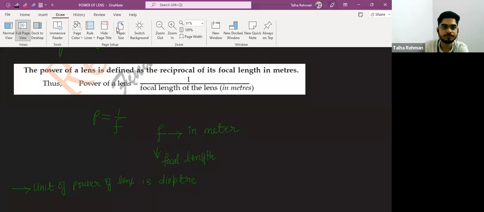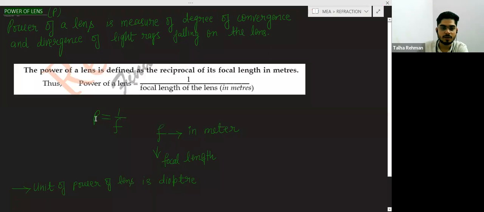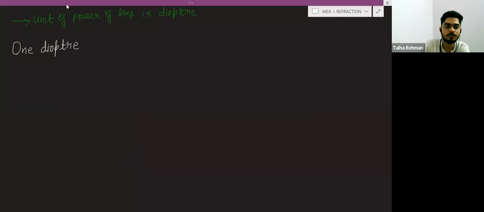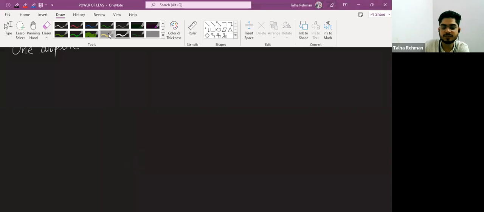Now, with the help of this formula, we will see what is one diopter. Very simple.